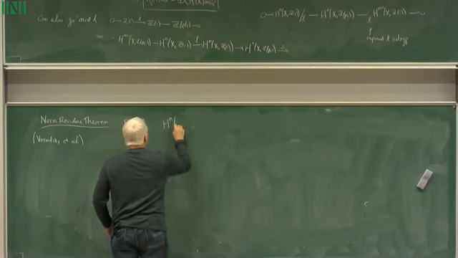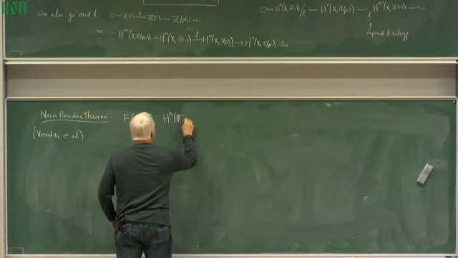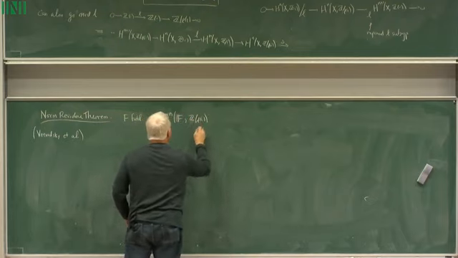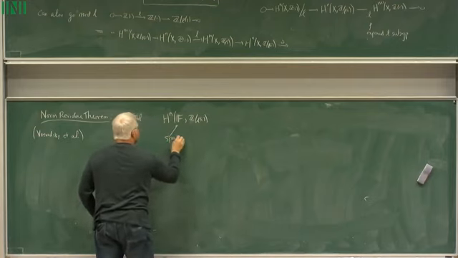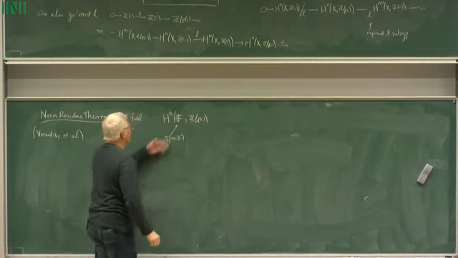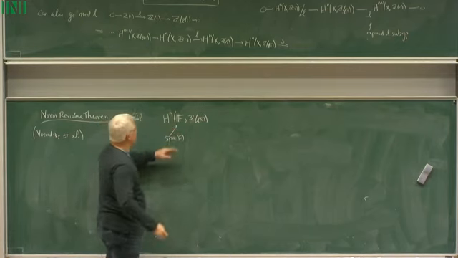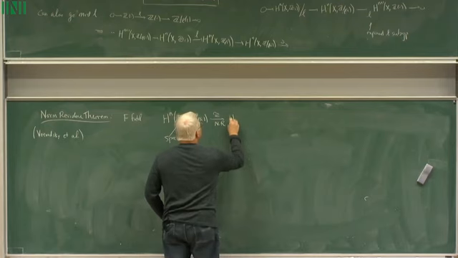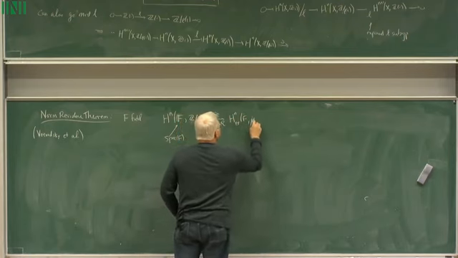Then the motivic cohomology of F with respect to Z/L(i), when I write F, I just mean the Spec of F, there's a norm residue map, which takes it to the étale cohomology of F with coefficients in mu_L tensor i.